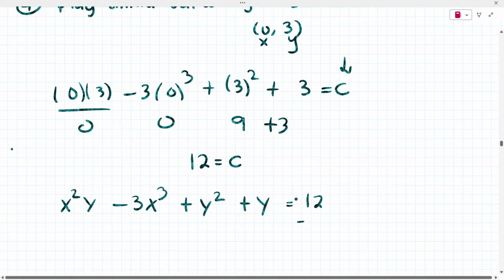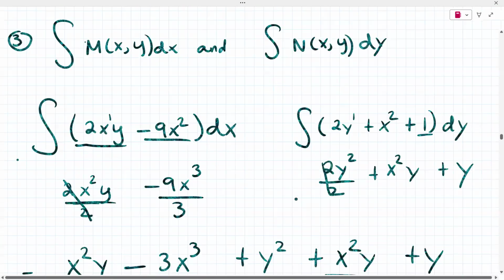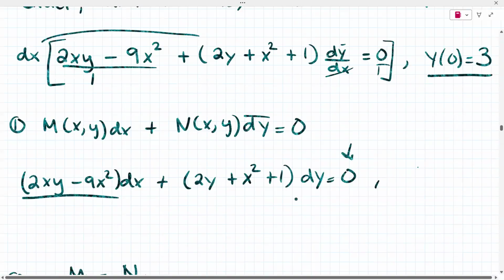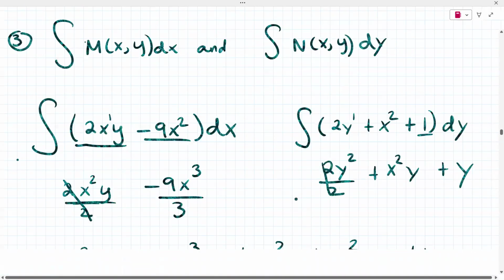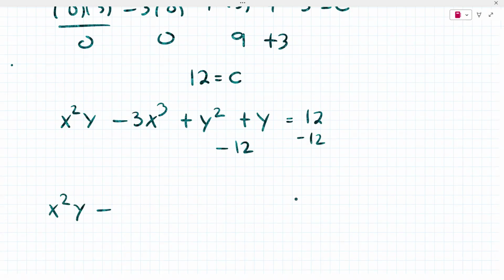So you're going to subtract 12 from both sides, because you have to remember that the form requires the right side to be 0. That's why we have to move that 12 to the left. We get x squared y minus 3x cubed plus y squared plus y minus 12 equals 0.